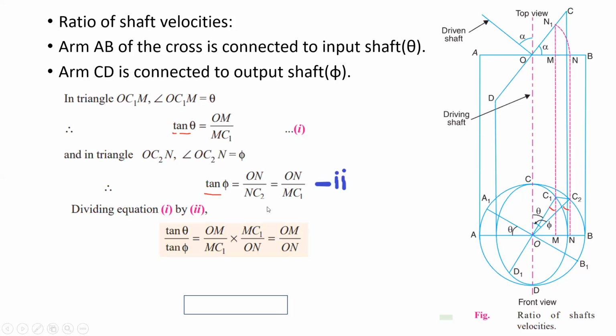So we can write OM as ON1 cos alpha, which is equal to ON cos alpha, because ON1 is the same as ON here. Put the value of OM as ON cos alpha. ON will get cancelled, and you will get the relation tan theta is equal to cos alpha into tan phi.